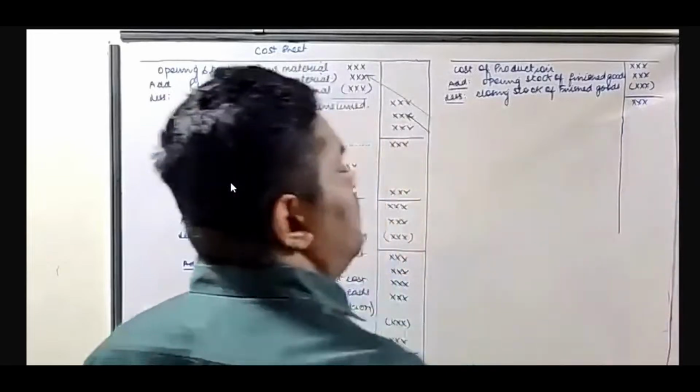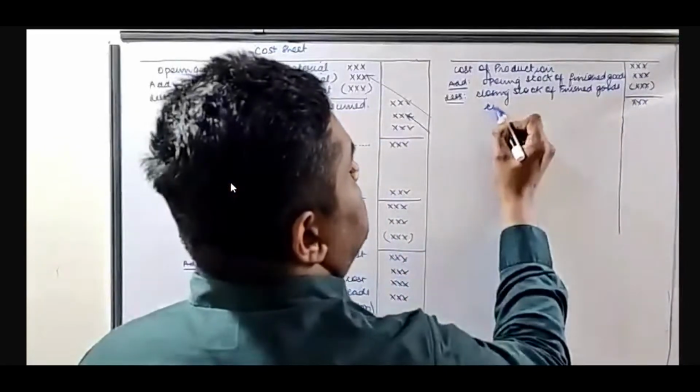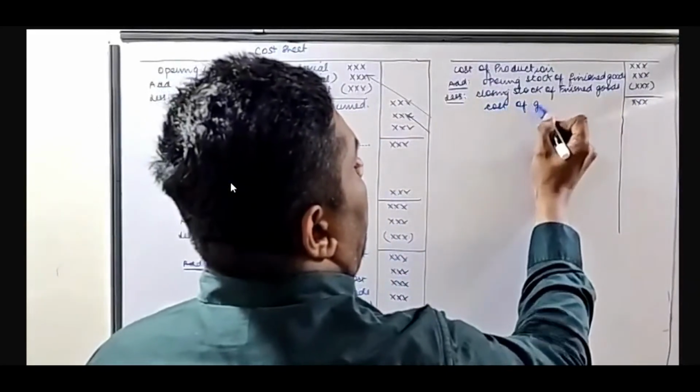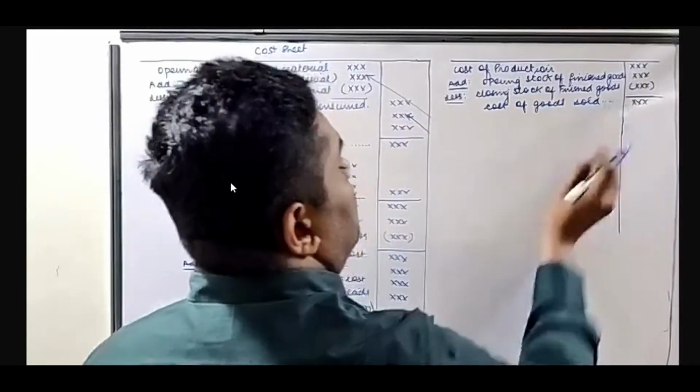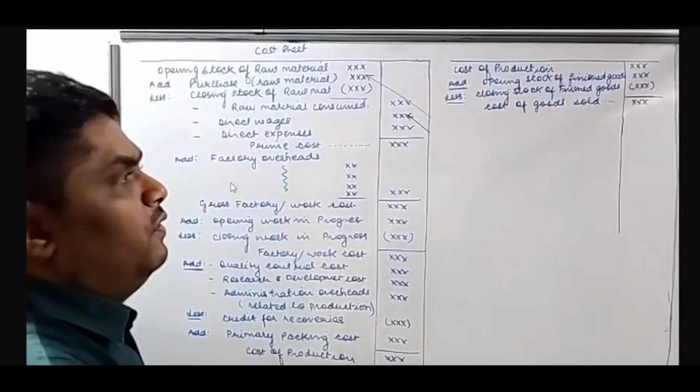After adjusting opening and closing stock of finished goods, we will get the cost of goods sold. Cost of goods sold.